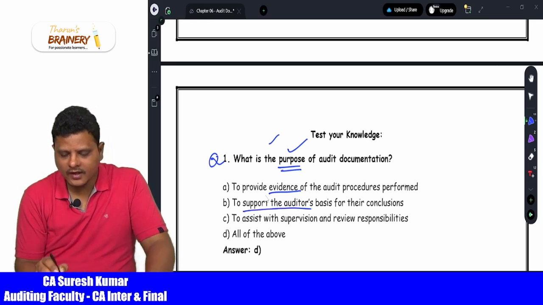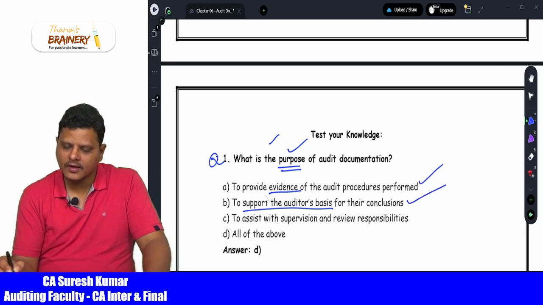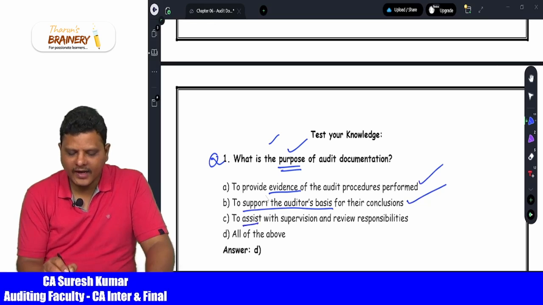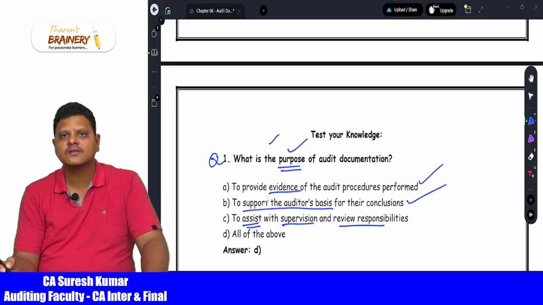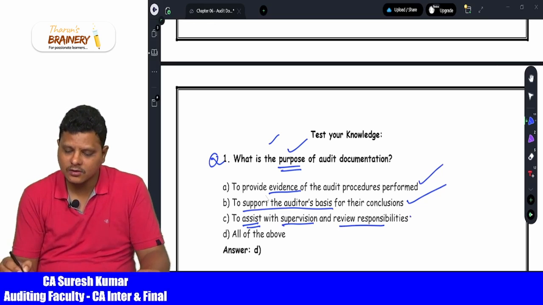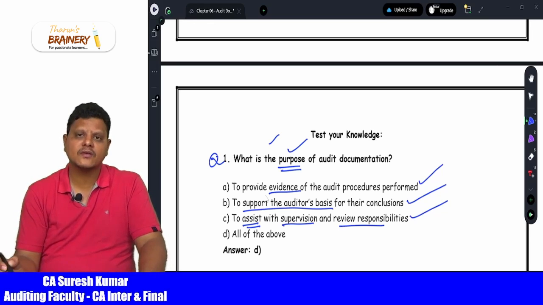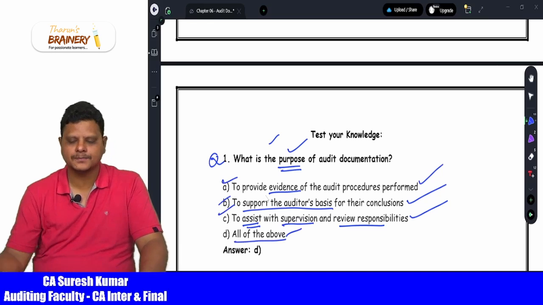Option B: it supports the auditor's conclusions. Yes, 100% correct. Option C: it helps with supervision and review of responsibilities, that is, who has done what work, as there may be different team members. This is also correct. Now what is the answer? The purpose is A, B, C. The answer is all of the above.